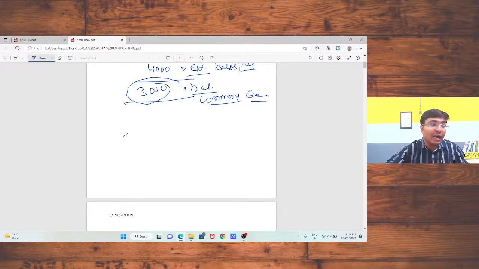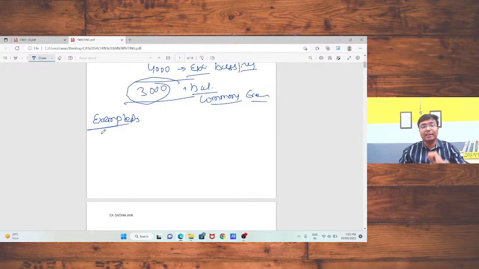How can you calculate, how can you bifurcate? For that bifurcation, if you want to calculate the exempted part of the input tax credit, you just need to use this formula: your common credit, that is 3,000 rupees, multiplied by your exempted turnover divided by your total turnover.